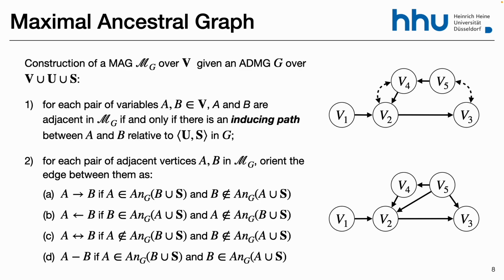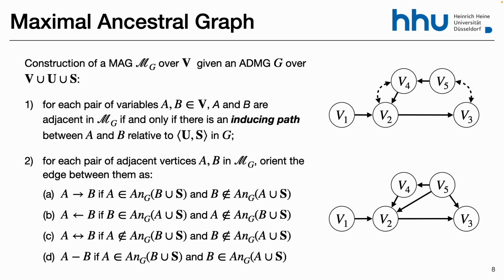So it doesn't matter if we are conditioning on V5 or not. This is again not blockable. So whenever we have a collider path and every variable is a descendant of either V1 or V3, it's not blockable.